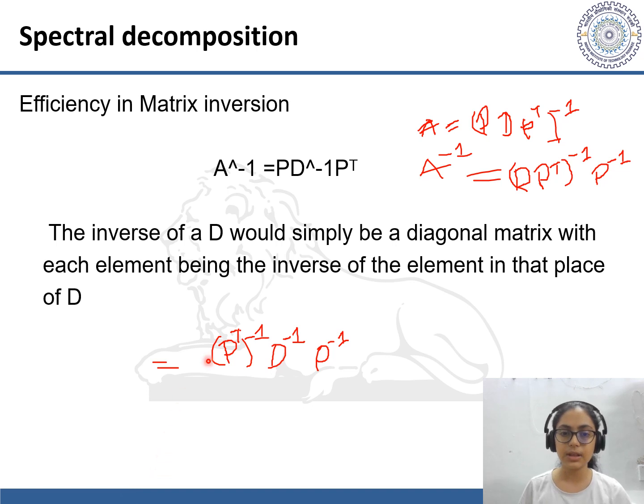One thing to note is that P transpose being P inverse, the inverse of P inverse would be P again, and P inverse would be P transpose. So A inverse is equal to P D inverse P transpose. This is way more efficient to calculate than this part.